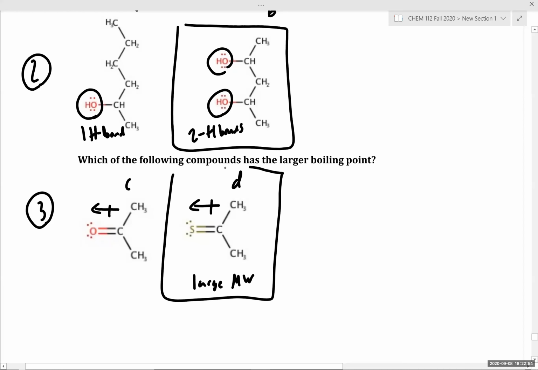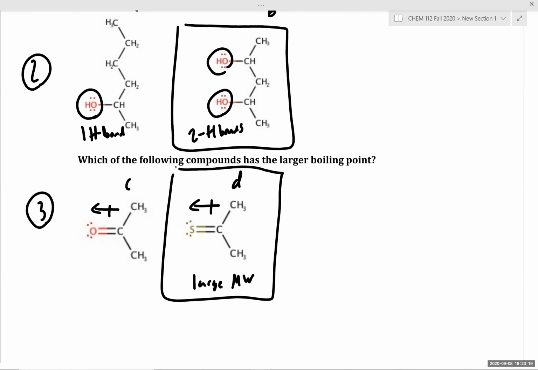As these molecules are both relatively polar, both are participating in reasonably strong dipole-dipole interactions. Our tiebreaker is the fact that sulfur is so much heavier than oxygen that our increase in molar mass leads to appreciably larger London interactions and in turn a larger boiling point.